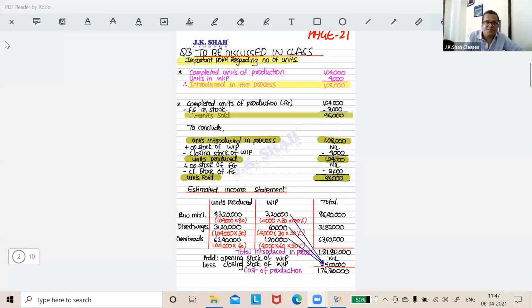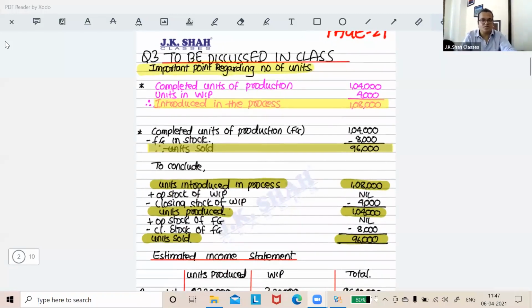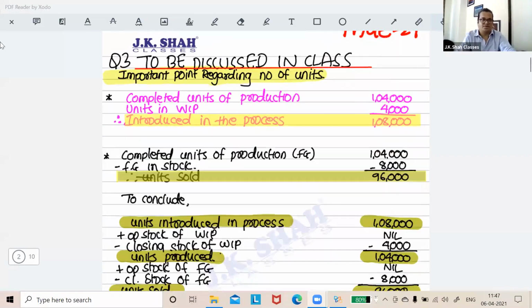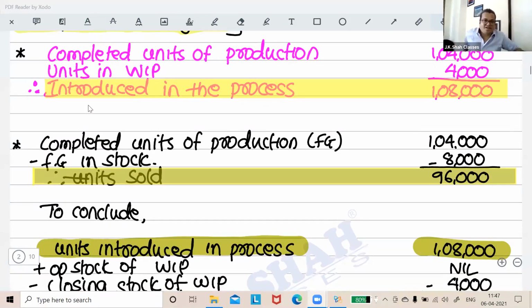So this part is clear. Now, see, completed units of production are 1,04,000. Okay, you want me to zoom in a little? Good. But what is expected?